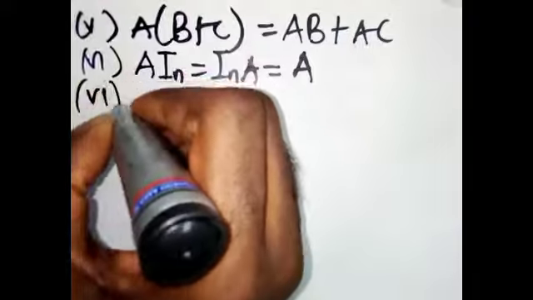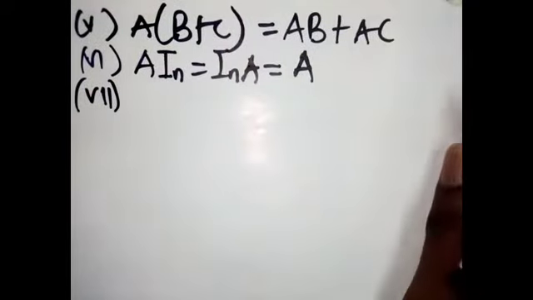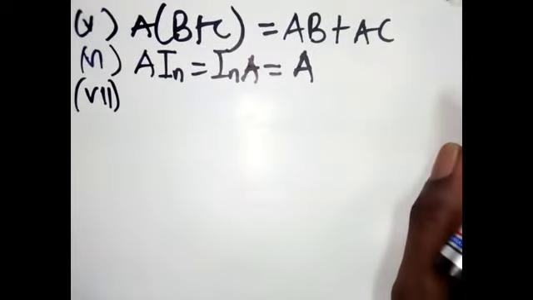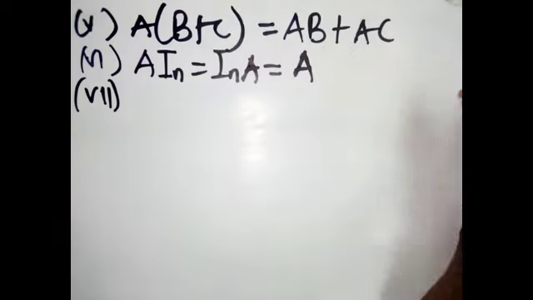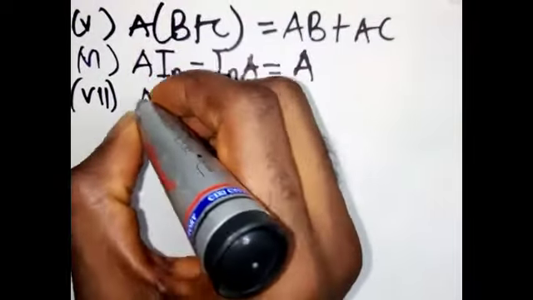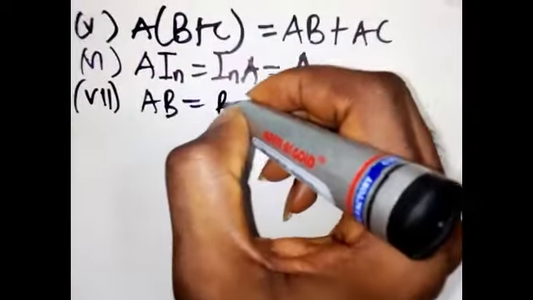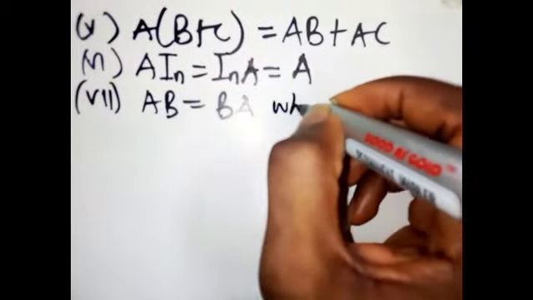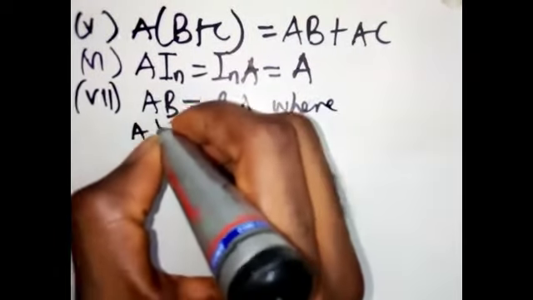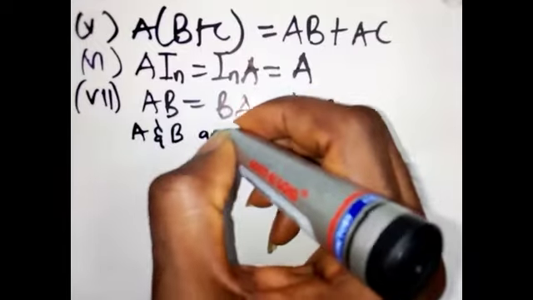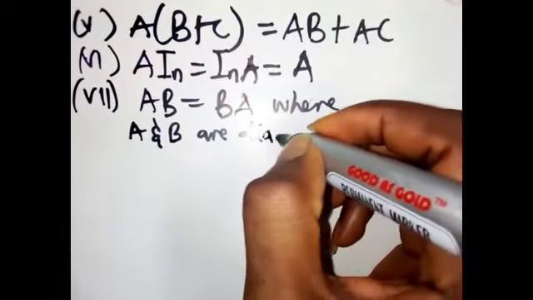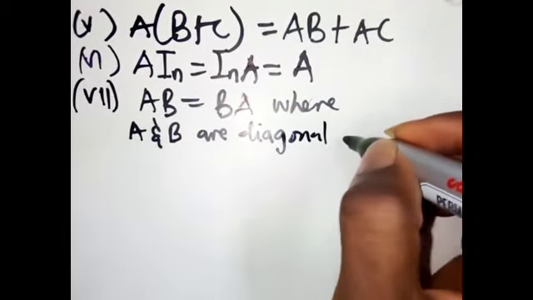Okay, finally, we'll see that the product of two diagonal matrices is abelian. That is, AB is equal to BA, where A and B are diagonal matrices.